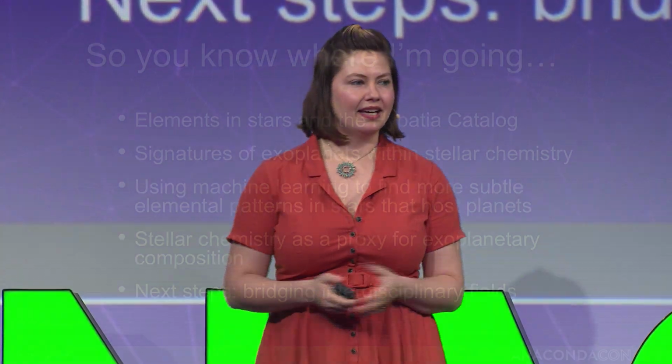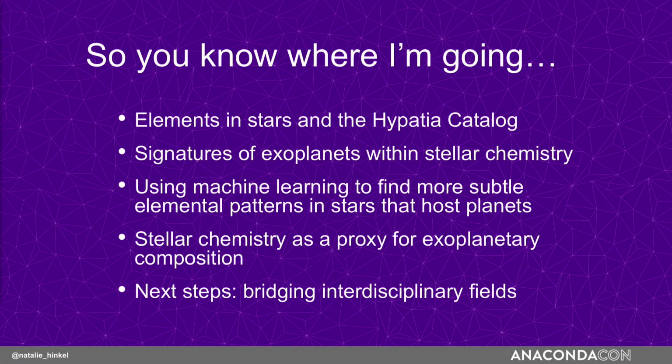So what I'll be talking with you about today is elements in stars. I'll first go over some of the physics behind that, and I'll discuss the Hypatia catalog, which is sort of the crown jewel of my research. Then I'll talk with you about signatures of exoplanets in stellar compositions.